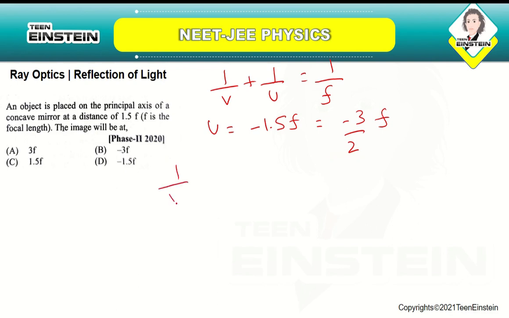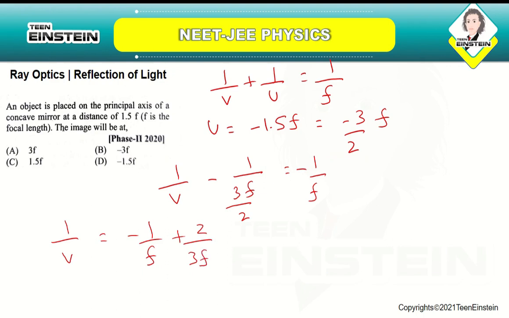So, 1/v - 1/(3f/2) = -1/f. If you rearrange these terms, you will get 1/v = -1/f + 2/3f.